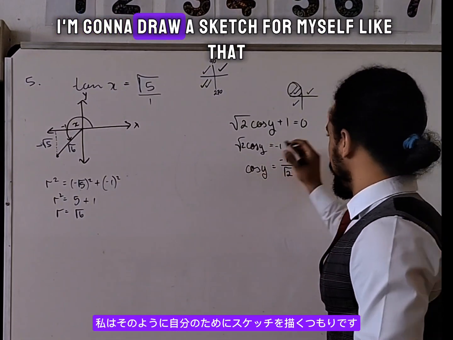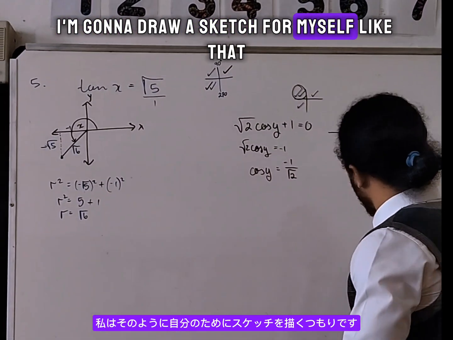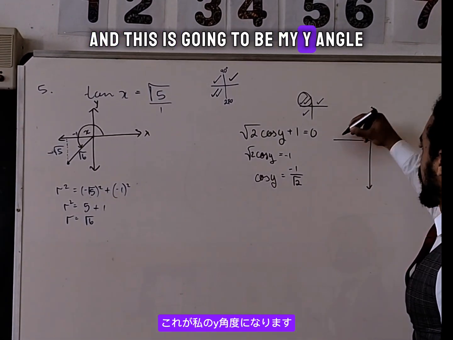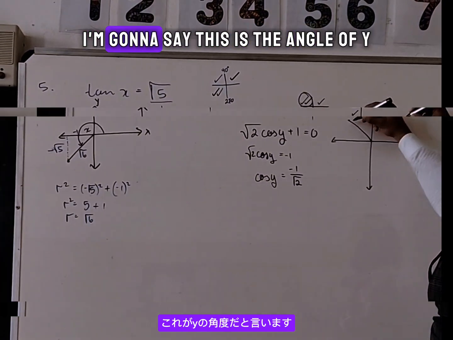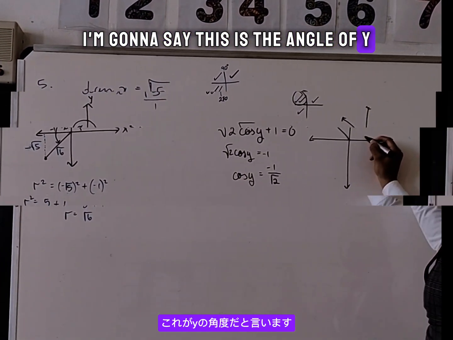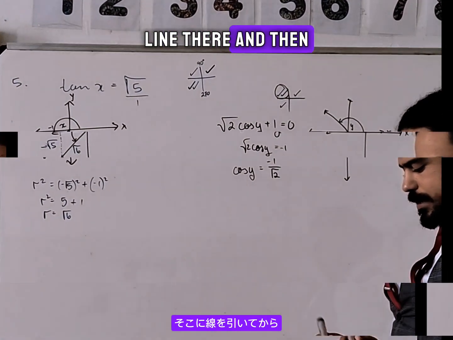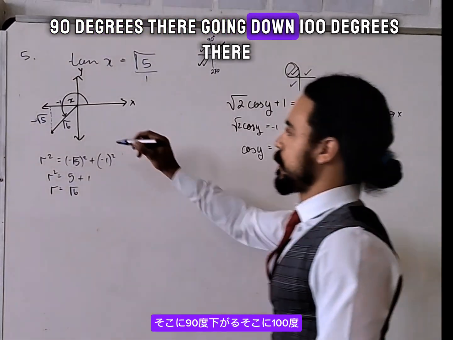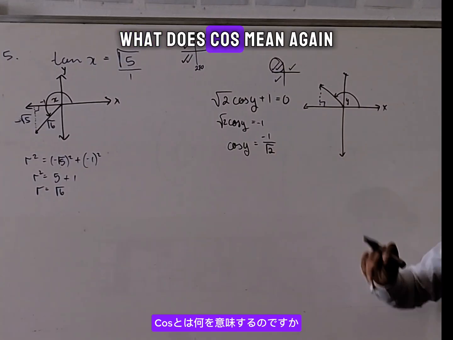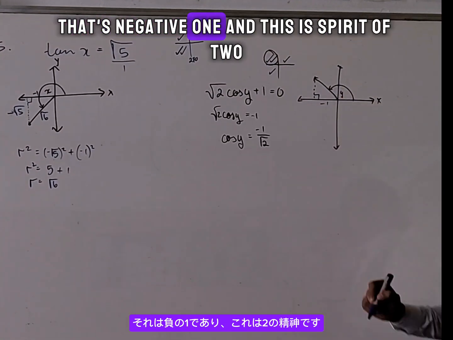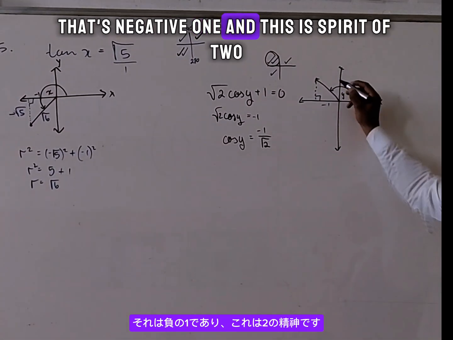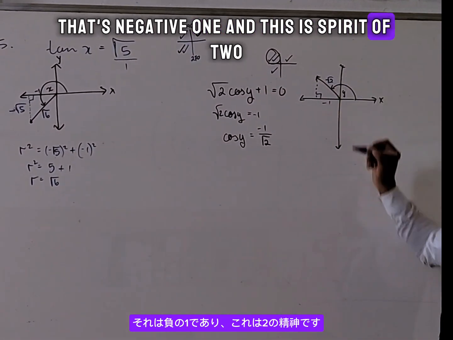There I draw my y angle. I'm going to draw a sketch for myself like that, and this is going to be my y angle lying in the second quadrant, and then 90 degrees there going down. What does cos mean again? That's negative 1, and this is the square root of 2.